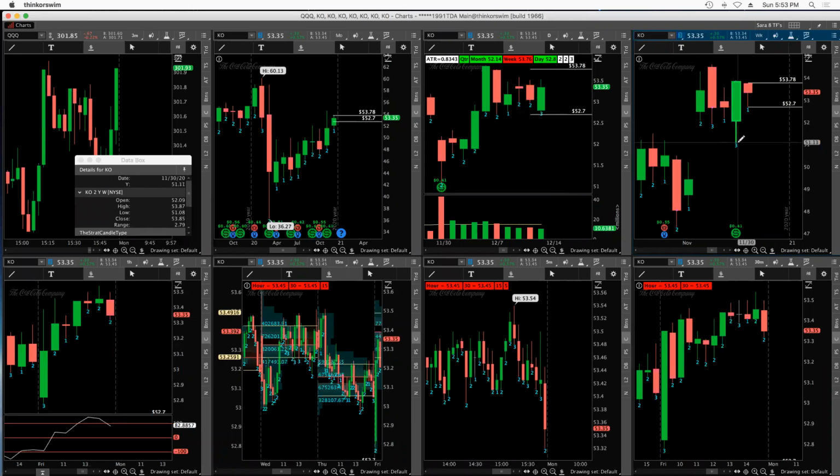Interesting. How far back is this? November 2nd. That gap. Yeah, I'm just looking to where that gap is. 50.24. Yeah, we're nowhere near getting to that. I mean, it has work to do before it could do that. You'd have to go below 52.70 first.